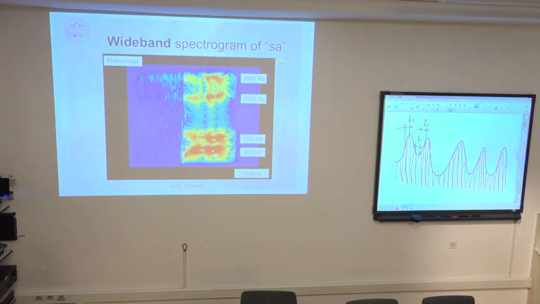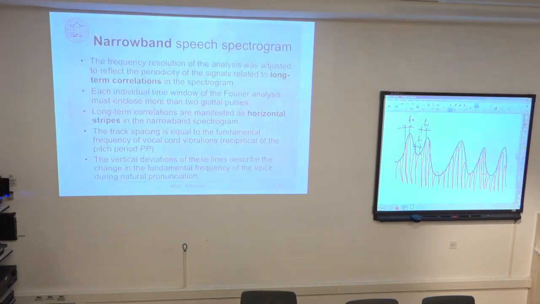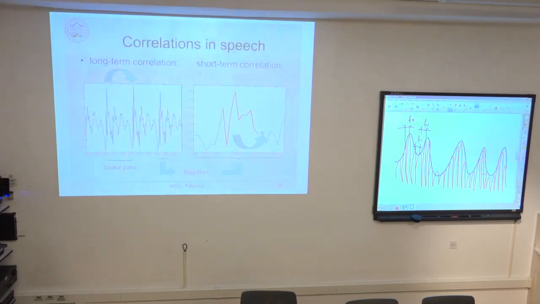The only difference between wideband spectrogram and narrowband spectrogram is the width of the time segment that is used for analysis. If the speech time segment is rather wide, around 25 or 30 milliseconds, so that it encloses at least 2 or 3 glottal pulses, very similar to the segment shown here, I have 1, 2, 3, almost 4 periods of periodic speech within this analysis window.